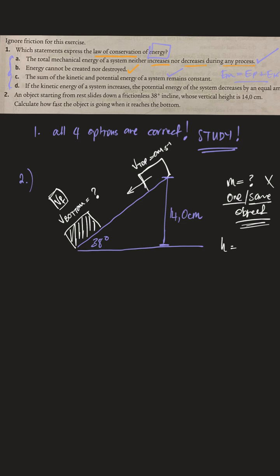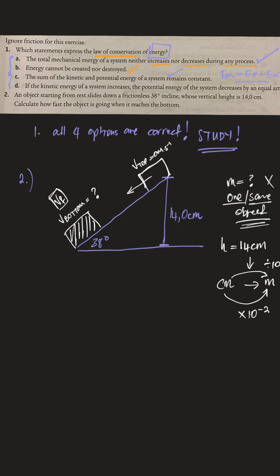Another thing we need to talk about is this here. Your height is equal to 14 centimeters, but I can't use centimeters. When I want to go from centimeters to meters, I must divide by 100. Or to go from centimeters to meters, I can times it by 10 to the power of -2.